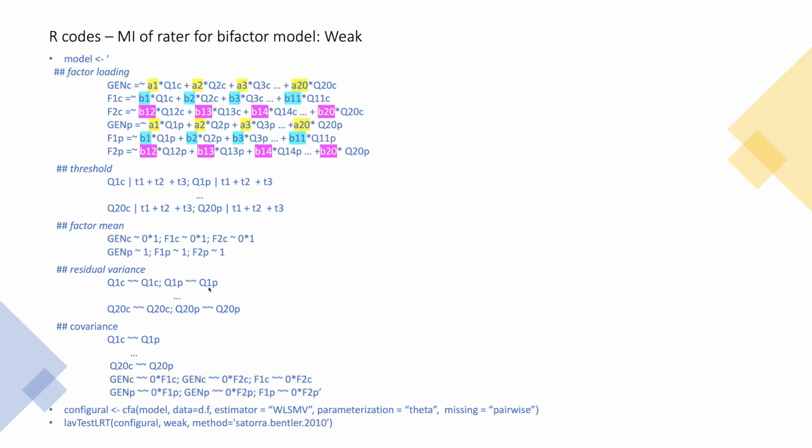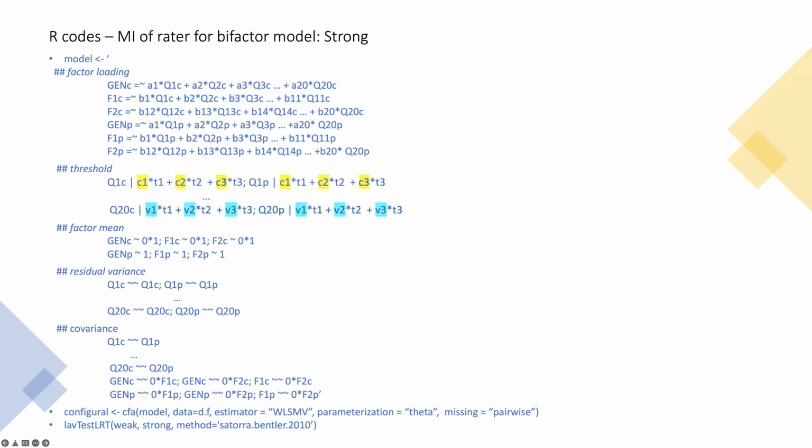For the next one, you restrict the loading, and now you just have an extra line to restrict. Questions 1 to 20 loading onto the general factor for the child should have the same loading for the parent as well. These numbers are the same, and everything else is exactly the same as your previous model. You run the model and compare them. Once you've established weak, you go on to strong, which is exactly the same as the correlated model from before.